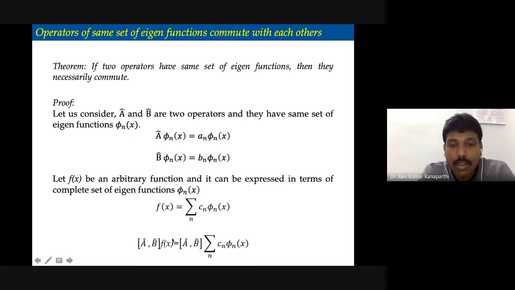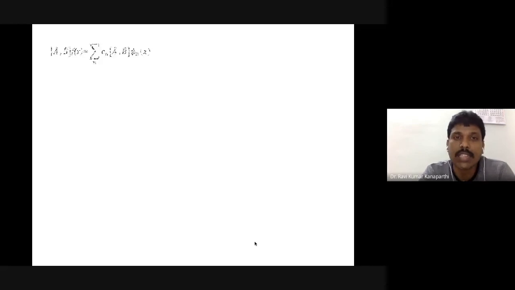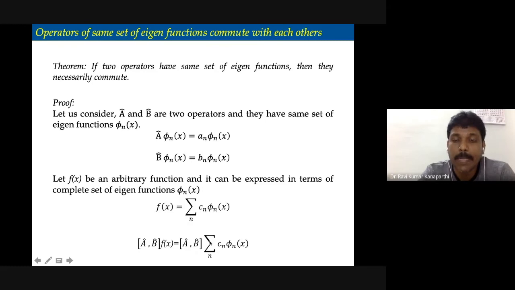But the arbitrary wave function f of x is defined in terms of the eigenfunctions: summation n runs from 1 to infinity Cn phi n of x. So you can expand this in this fashion.